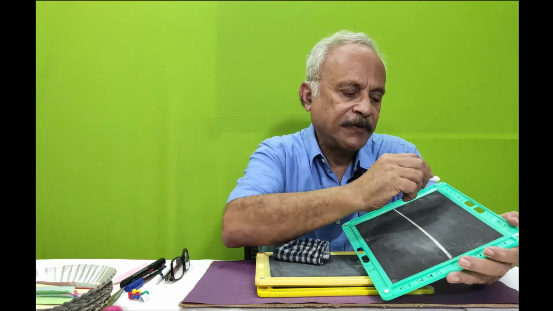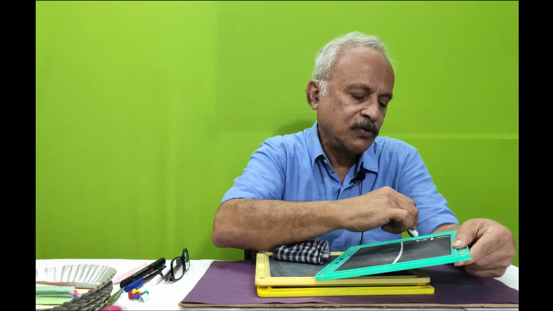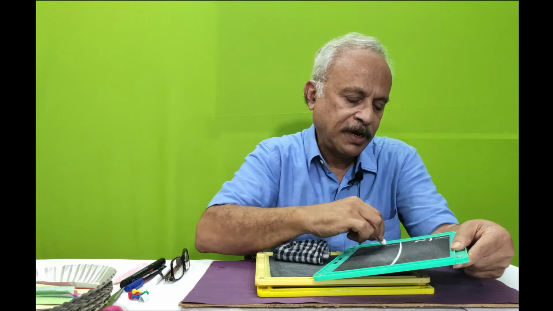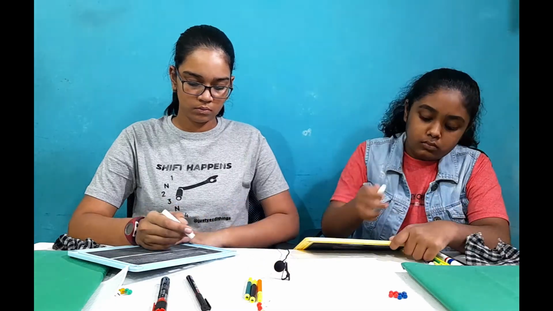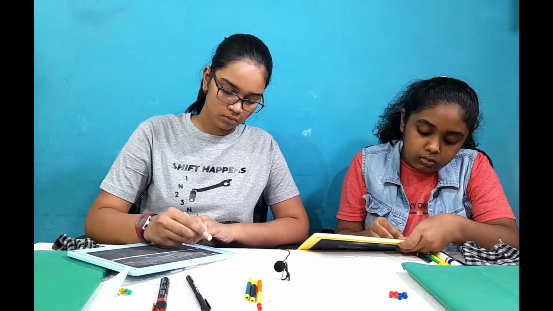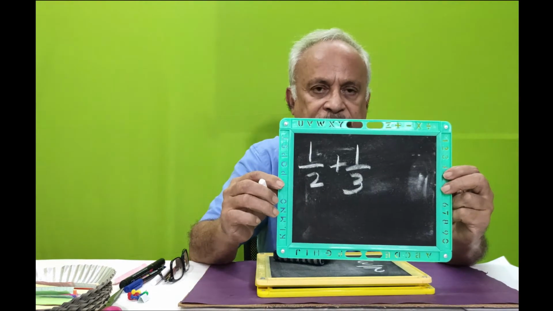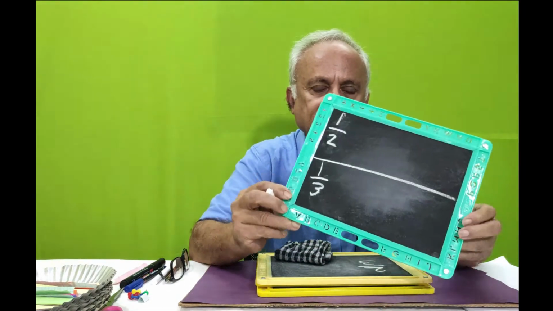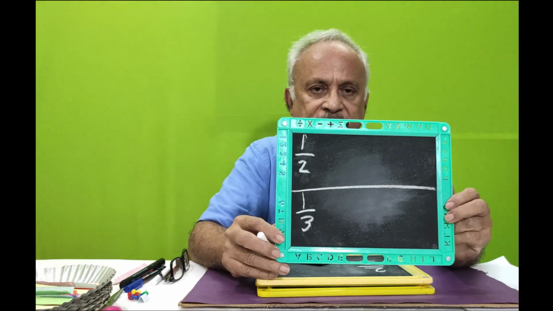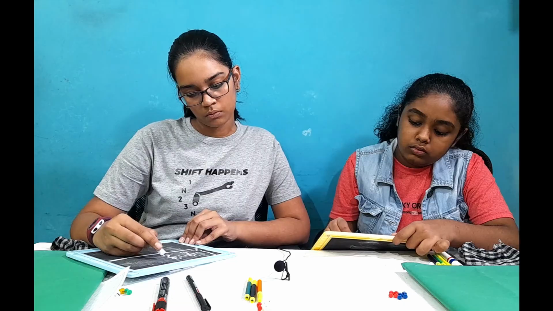And in the upper part, write all the ratios which are equal to 1 by 2. And on the lower part, write all the ratios which are equal to 1 by 3. This is the addition problem. And to do this addition problem, first you make the list of equal ratios for each fraction.